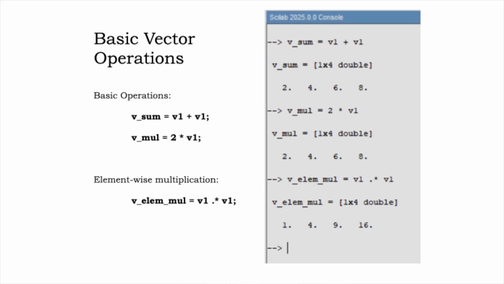Basic vector operations. Basic operations like sum is done as v1 plus v1. Multiplication is done as 2 into v1. Element-wise multiplication is done as v1 dot multiplication v1.